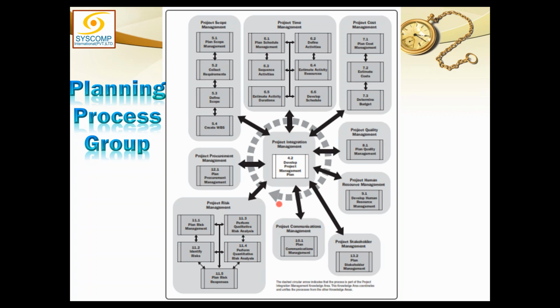Now, as I was explaining earlier, in the planning of any knowledge area during this planning process group, the first thing you need to do is to create a management plan, which will not be the detailed plan, but the plan about the plan.